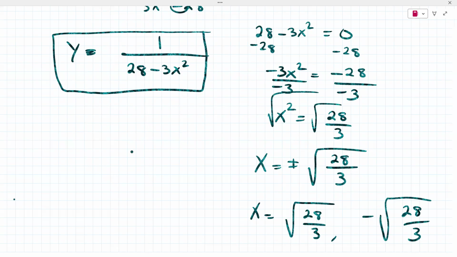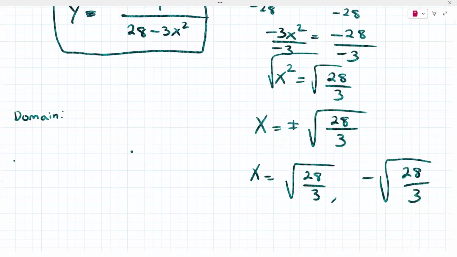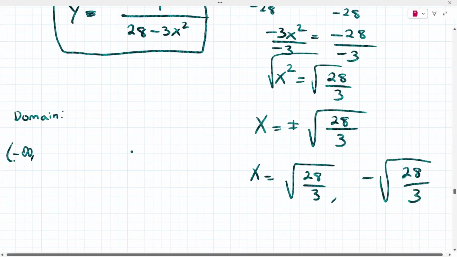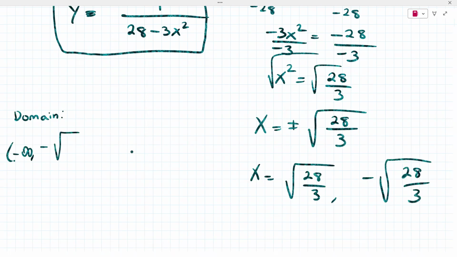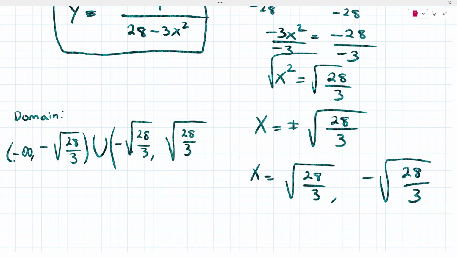Okay, so what that means is the domain, if you write it in interval notation, can be written as negative infinity, comma, negative square root of 28 over 3, union, negative square root of 28 over 3, comma, positive square root of 28 over 3, union, positive square root of 28 over 3, comma, infinity.